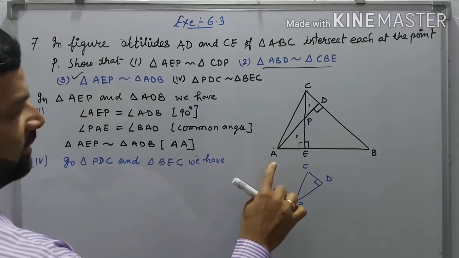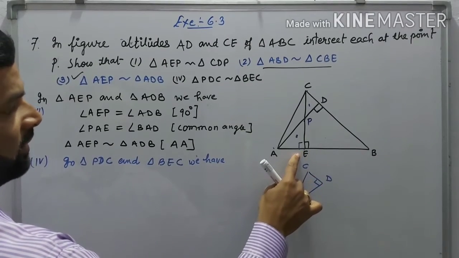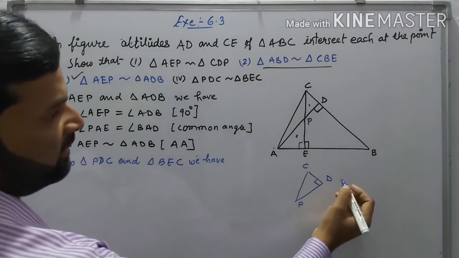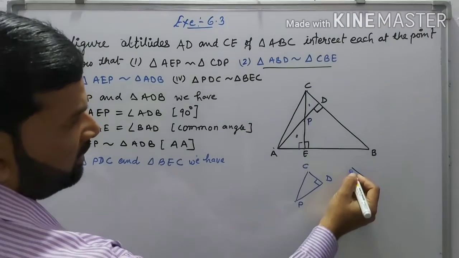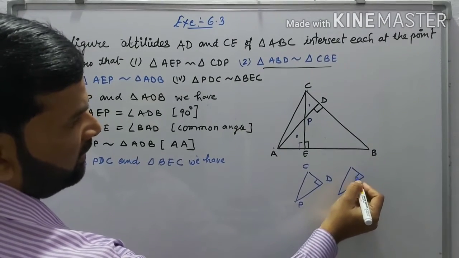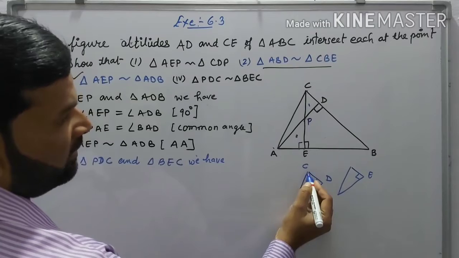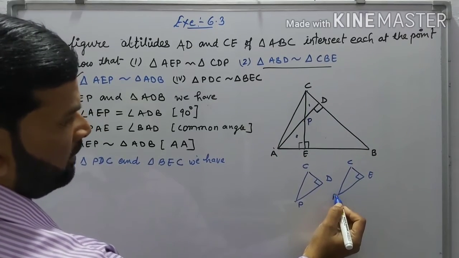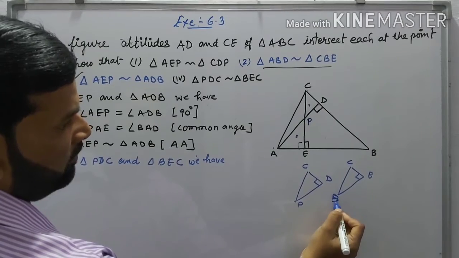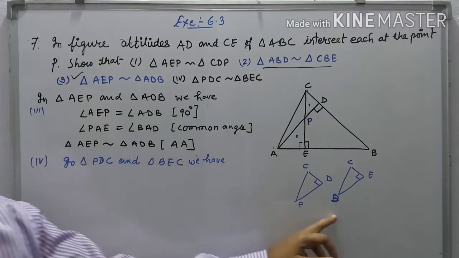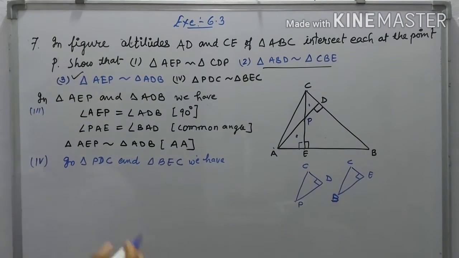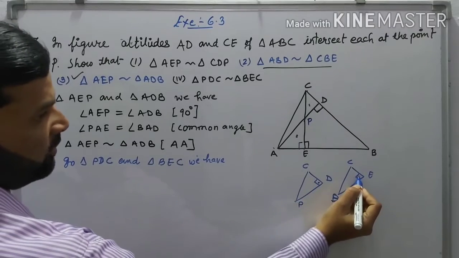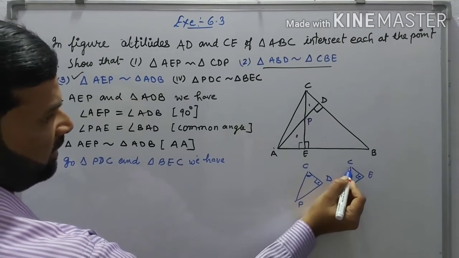Where is the BEC? In BEC that E angle is 90. So we draw the same with E and C and B. So triangle BEC.